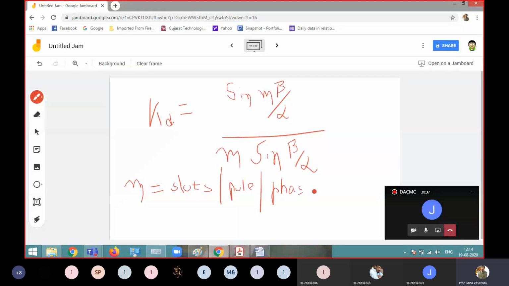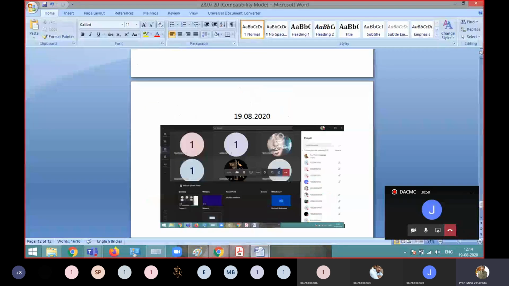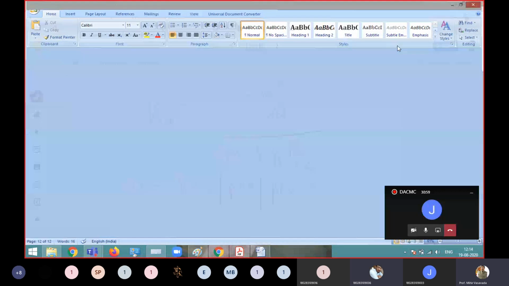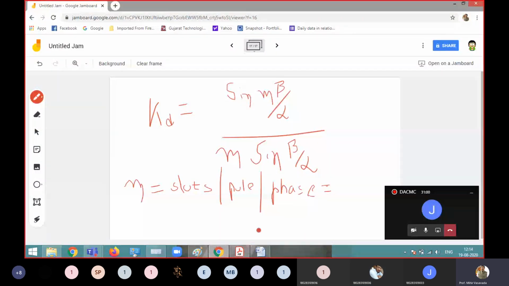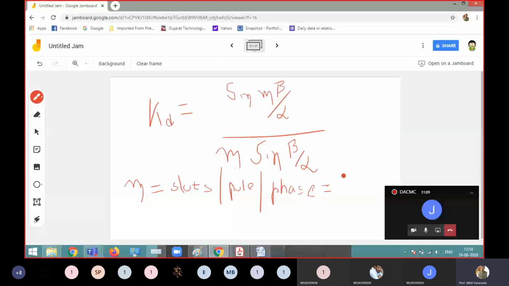No doubt you are on mobile, but you are supposed to be in class with your pen and paper or notebook. And we have already filled one notebook so far. So in this case, we go to the data: 6 pole, 3 phase, and 72 slots, right? So 72 divided, yes, it is 4. So it comes to 4.